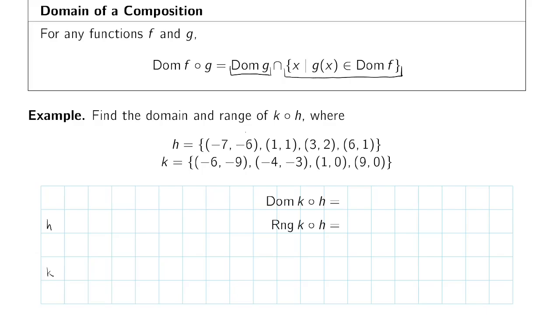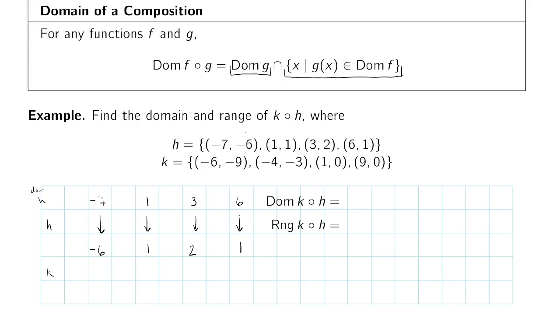So we'll start in the domain of h, right, where we have -7, 1, 3, and 6. And now h takes -7 to -6. It takes 1 to 1. It takes 3 to 2. And it takes 6 to 1. Right? That's what all of those pairs mean.